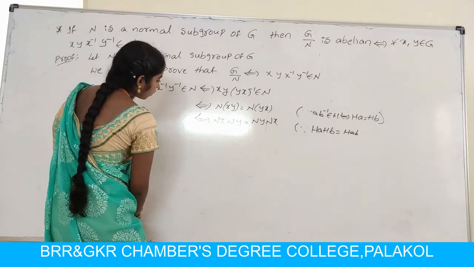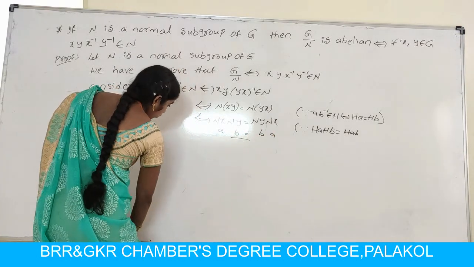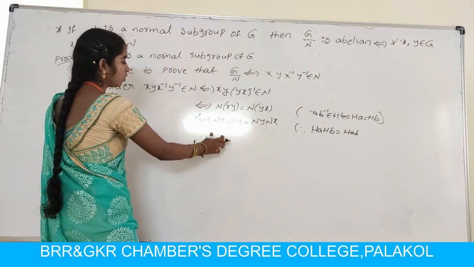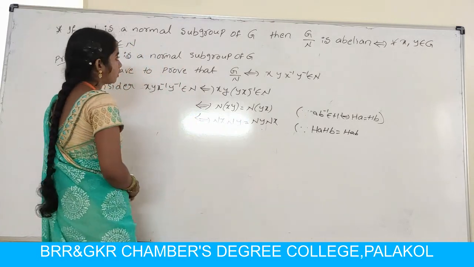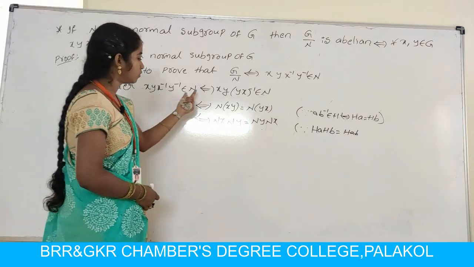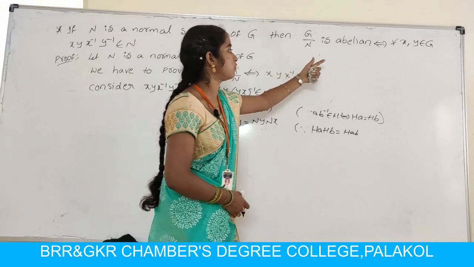So AB equal to BA. So this is the commutative law. So Nx into Ny equal to Ny into Nx. So commutative law is satisfied. So let us consider X Y X inverse Y inverse belongs to N. So Nx into Ny equal to Ny into Nx, if and only if condition.